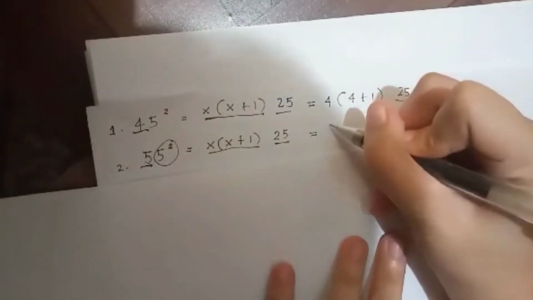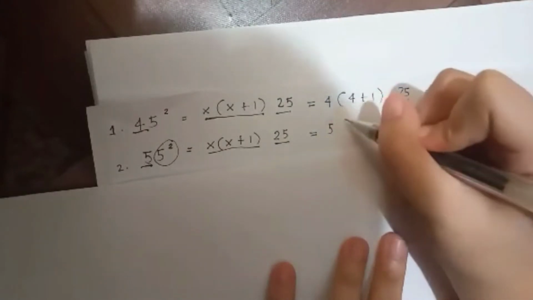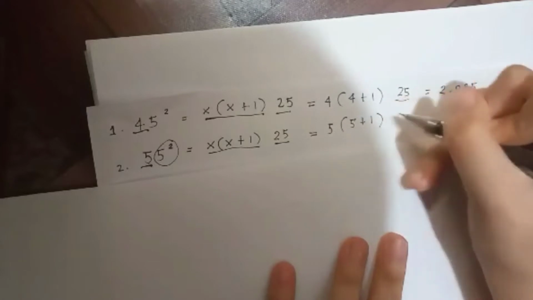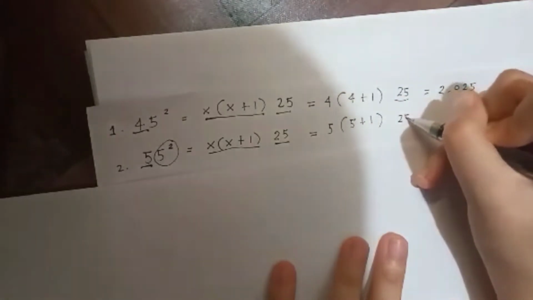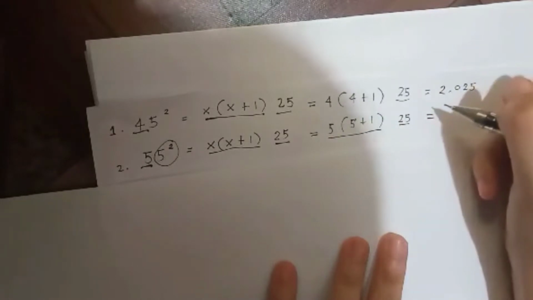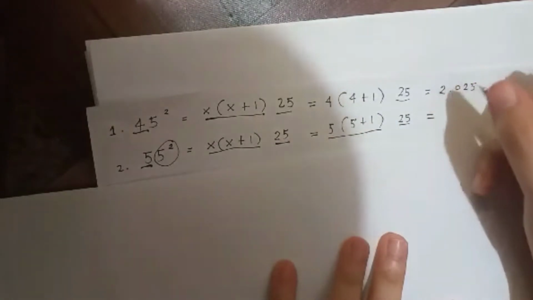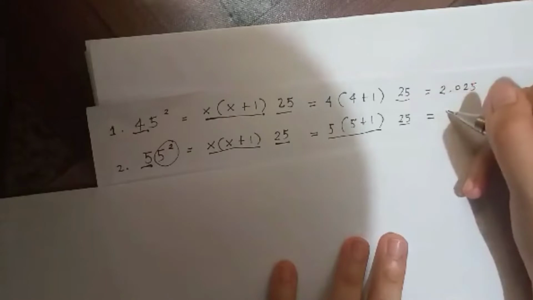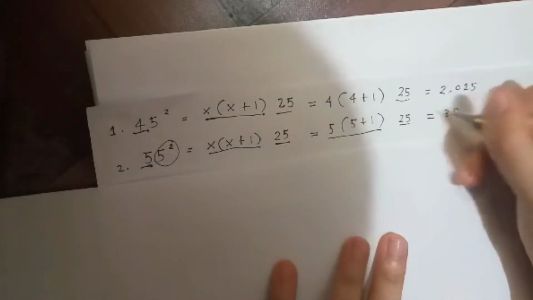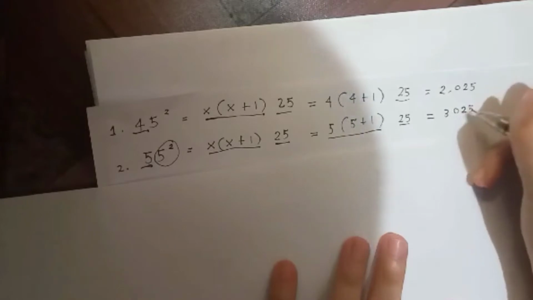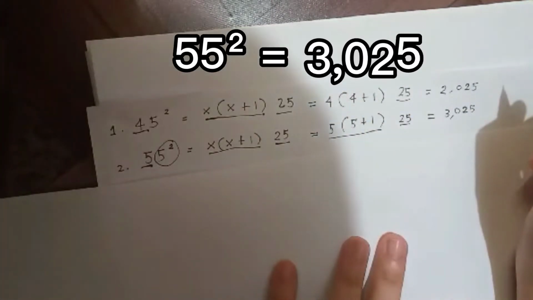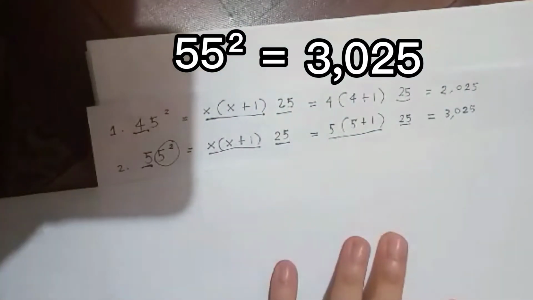So we have 5 times 5 plus 1 and then the 25, which is equal to 5 plus 1 is 6. 5 times 6 is 30. So we copy 30 and then copy the 25. So thus 55 square is equal to 3025.